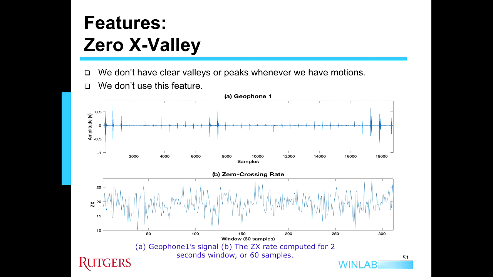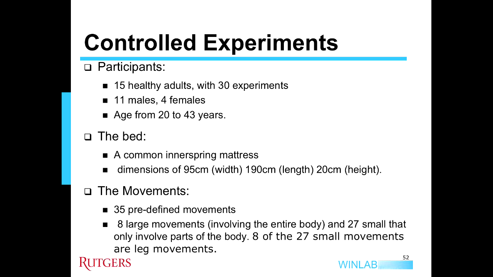As I said, the geophone is different from the load cell. The load cell by itself is a DC signal, but the geophone is AC, so zero crossing won't benefit. We repeat, we have many experiments, a little more than what we did for the load cell. We have 15 subjects.